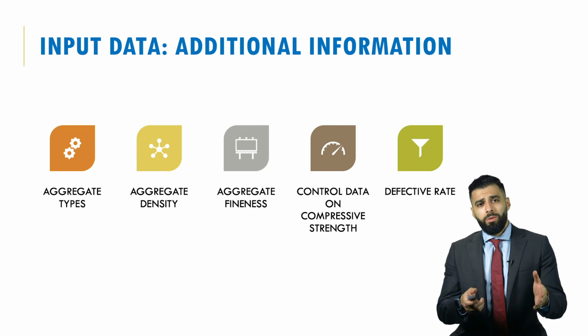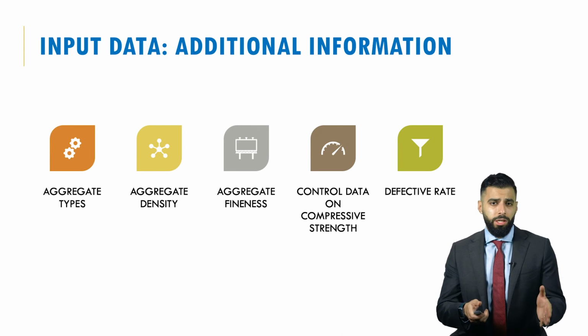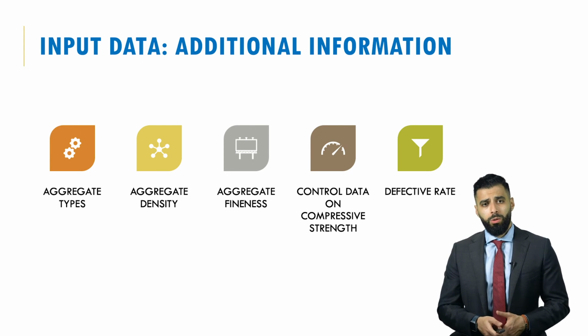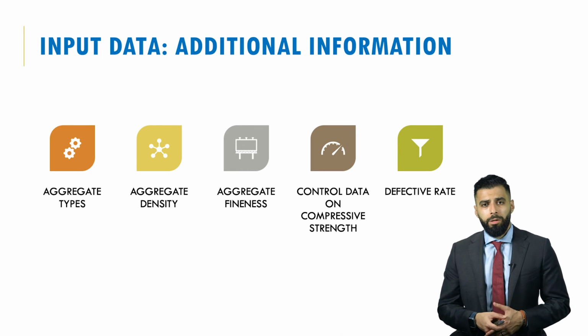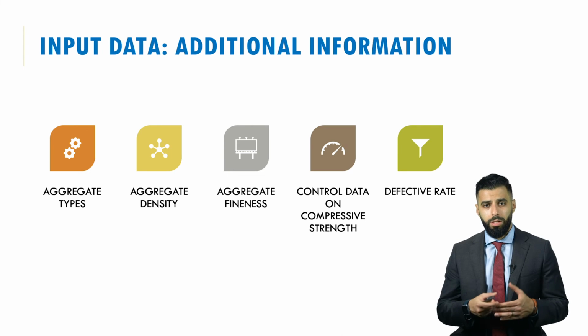Some additional input data that the designer should be aware of includes the aggregate types that would be utilized in the concrete mix, the aggregate density as well, how fine your aggregates are, and finally some data on the compressive strength for certain samples of concrete that you would take.